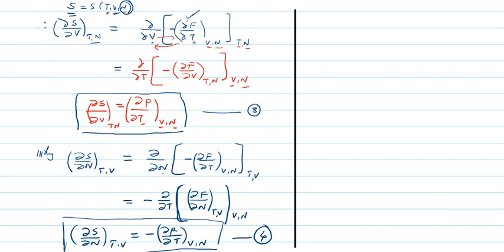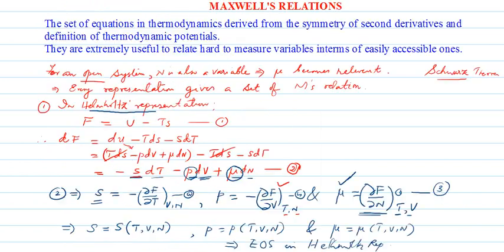So I'll be taking dou P by dou N with respect to T and V, because the pressure also is a function of T, V and N. We can equivalently consider other relations as well.